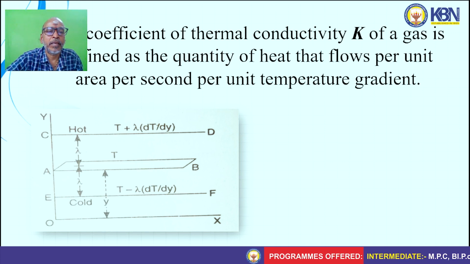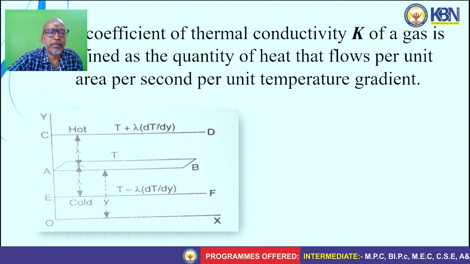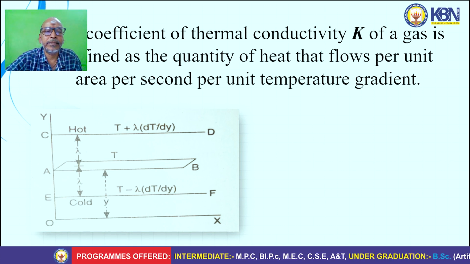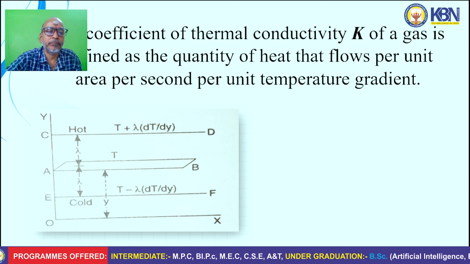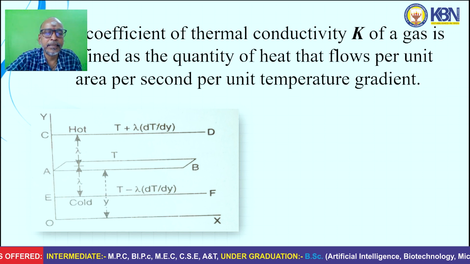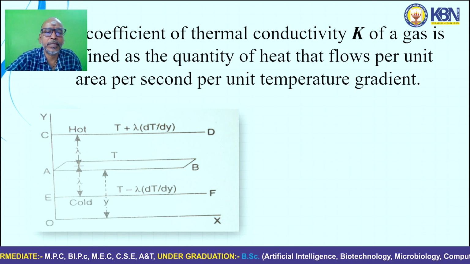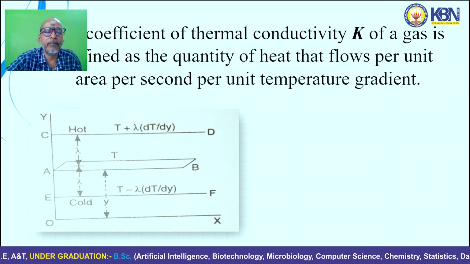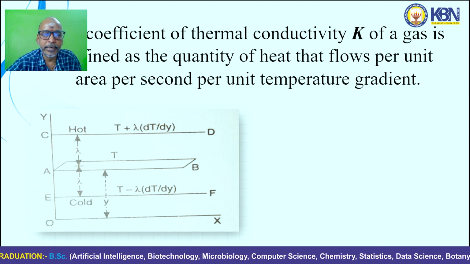The temperature in the reference layer AB is suppose T. As the height increases, the temperature also increases, and as the height decreases, the temperature reduces. From this graph we observe that different layers have different temperatures, so the energy is also different.